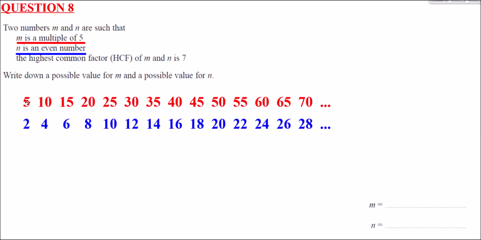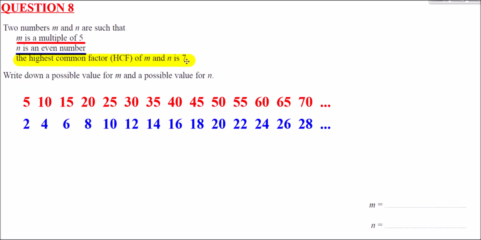Okay, so multiples of 5 in red, multiples of 2, evens, in blue on the bottom. We want to work out the highest common factor. We're told the highest common factor of m and n is 7. So in plain English, what this means is 7 fits into both m and n. And not only that, 7 has to be the biggest thing that fits into m and n together.